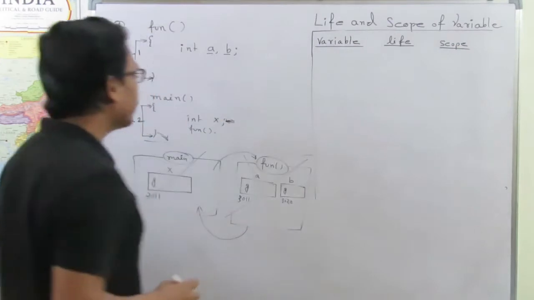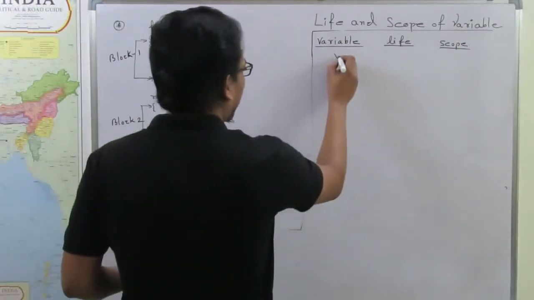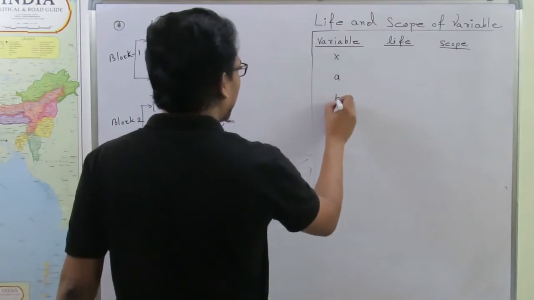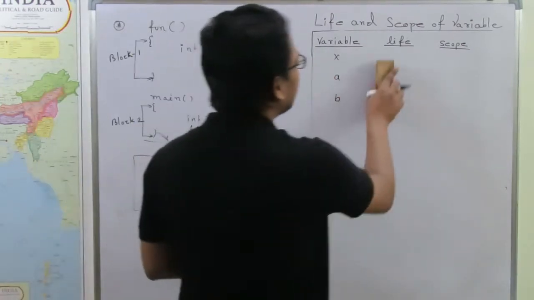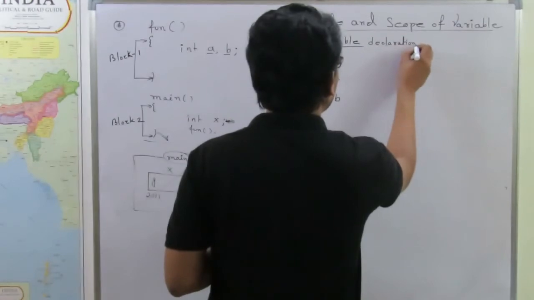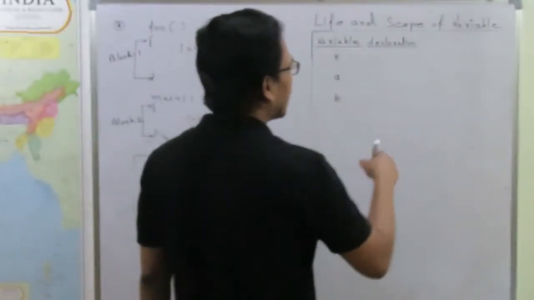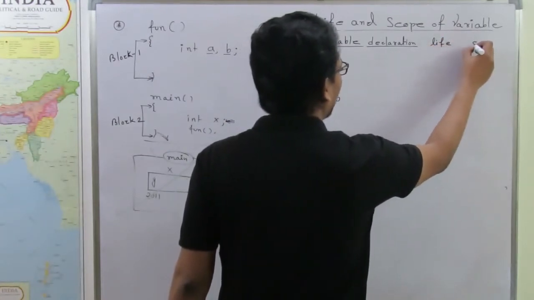So we have in total how many variables? We have a total of 3 variables: x, then a, then b. Now x is declared inside... declaration means in which block the variable is declared, then life, then scope.